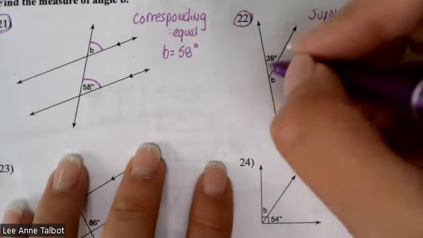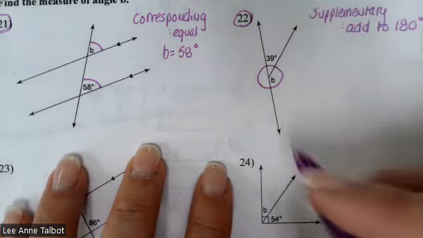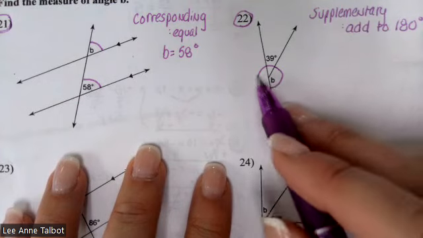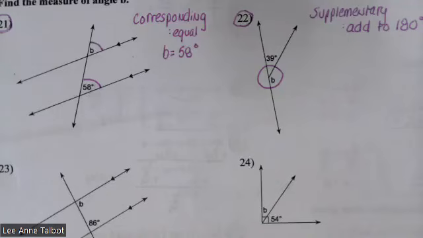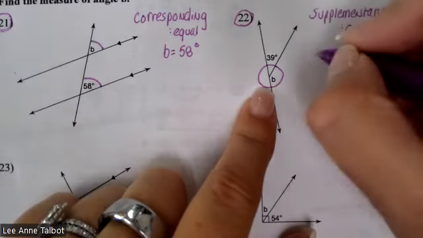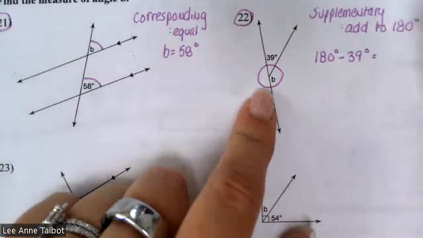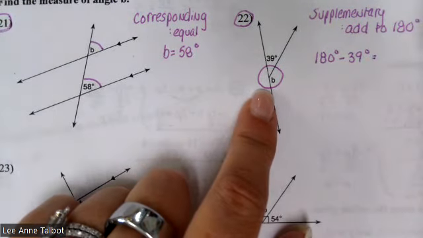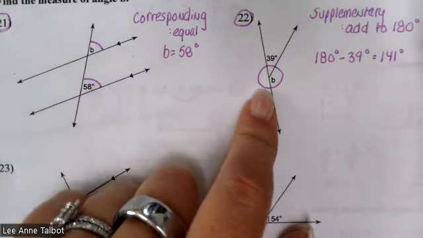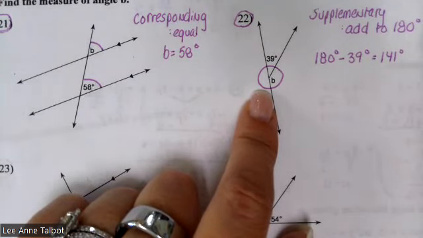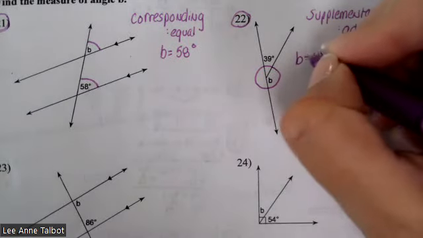On these, I want you to think about there being a circle all the way around the point in the middle, and all circles are 360. And so this is half of a circle, which is 180. To find B, what we're going to do is 180 minus 39, which is 141. Are we agreeing with my 141? Yeah, okay. Oh, I forgot the B equals.